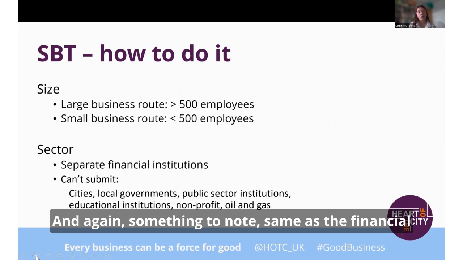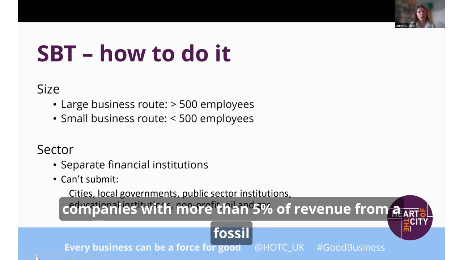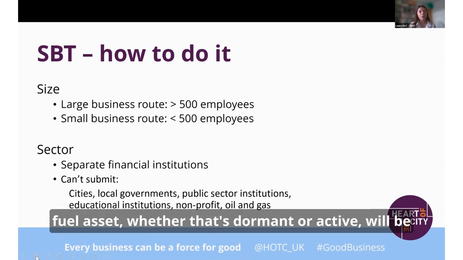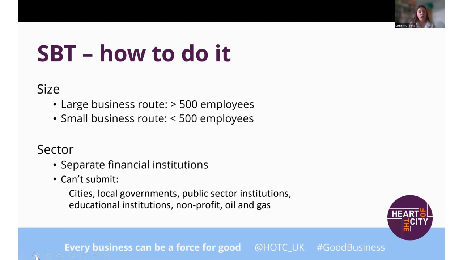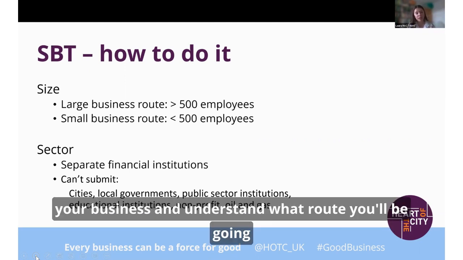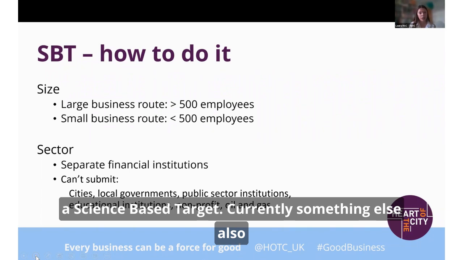And again, something to note, same as the financial institutions route, is that for oil and gas, companies with more than 5% of revenue from a fossil fuel asset, whether that's dormant or active, will be considered an oil and gas company by the SBTi. So the first step is to really look at your business and understand what route you'll be going down, and if you can or cannot actually submit a science-based target currently.